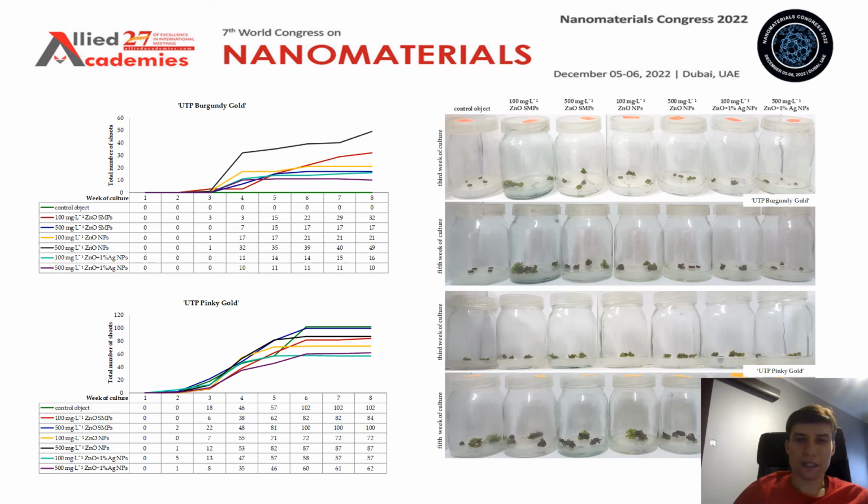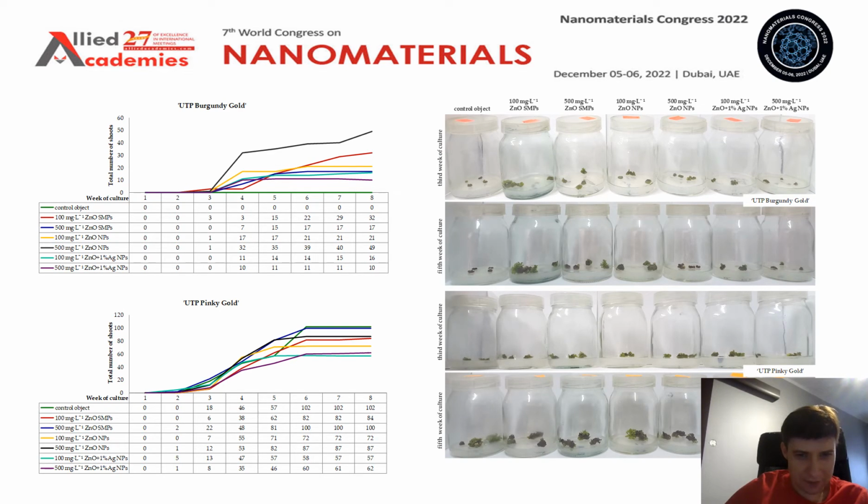And here the results were also very interesting because, as you can see, in chrysanthemum Pinky Gold, there were basically no differences between the different types of nanoparticles used in terms of shoot development, the dynamics of shoot development, the number of shoots developing on the explants.